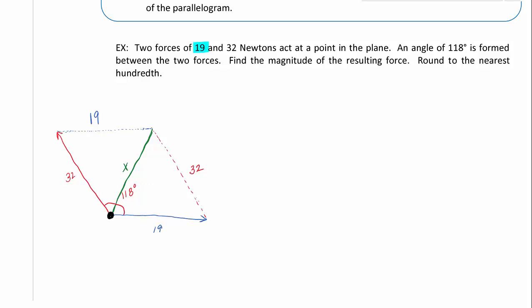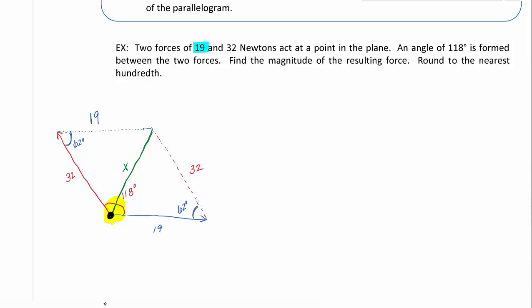So we have this angle of 118 right here. So that means I can go either angle to the left or to the right, and it's going to be supplementary. I think I'm just going to choose the one to the right. I guess we could label them both if you wanted to. And that's all the information we were given, but that should be all the information we need.